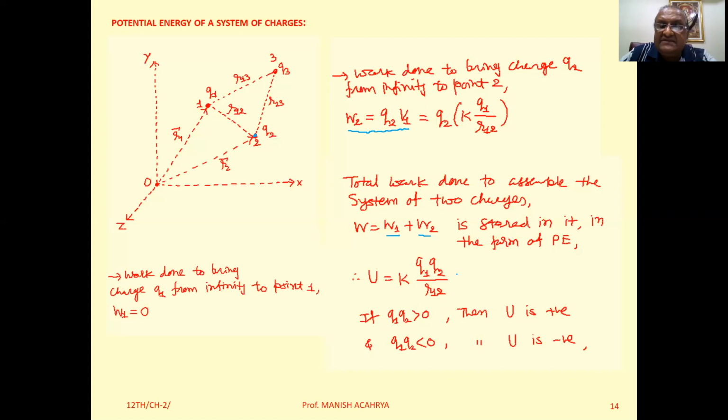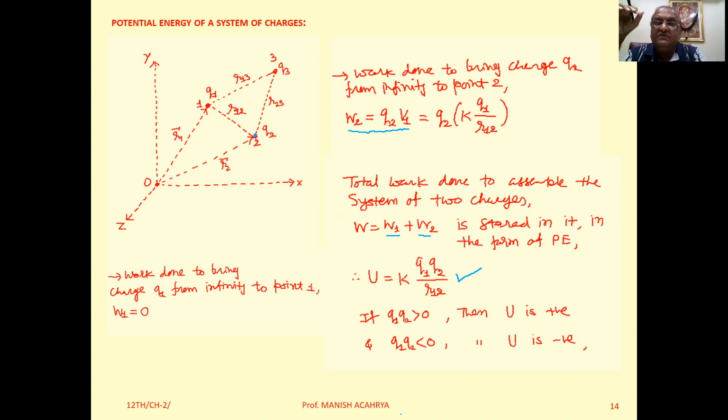So the potential energy of a system of 2 charges is K Q1 Q2 upon R12, the distance between those two charges. This is similar to the gravitational potential energy of a system of two masses, G m1 m2 upon R12. Clear? Here if Q1 Q2 is greater than 0, then U, the potential energy, is positive, and if Q1 Q2 is less than 0, the potential energy is negative.